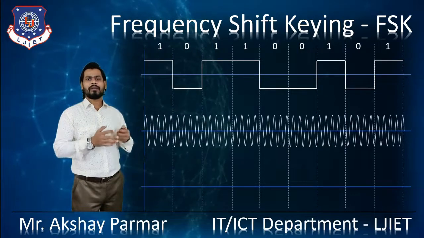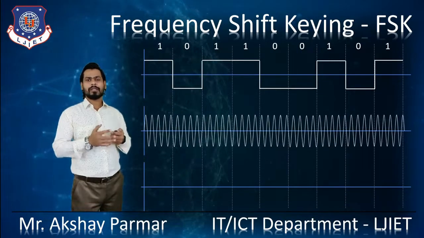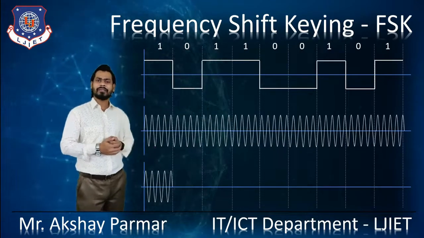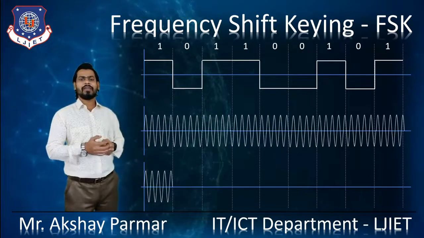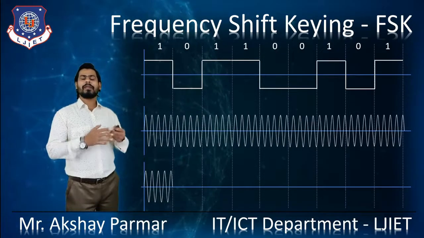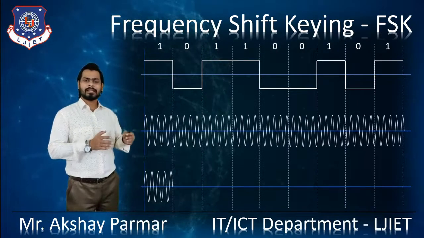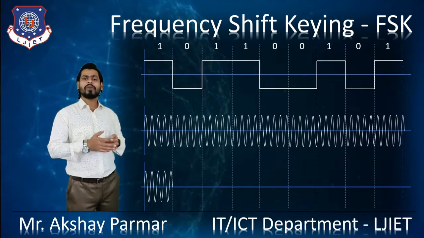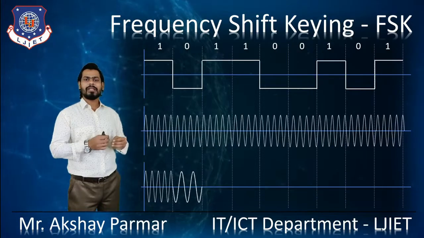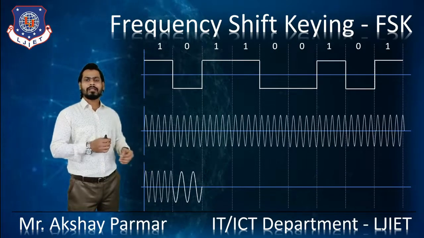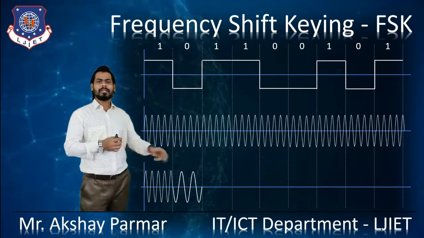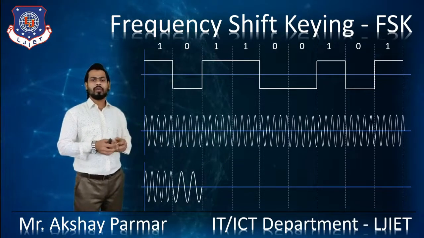Whenever bit 1 is there, we will represent it by the signal which has the higher frequency. After that, whenever we move forward to bit 0, it will be represented by the carrier signal which has the lower frequency, right? So as you can see, whenever we are representing bit 1, the carrier signal has the higher frequency, and whenever we are representing bit 0 it has the lower frequency.